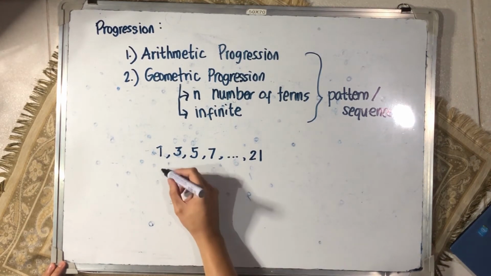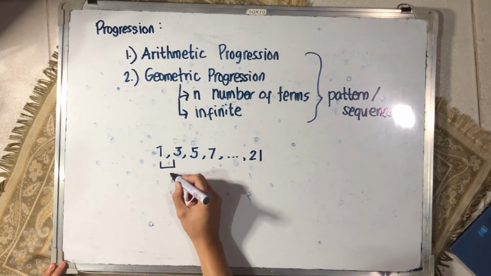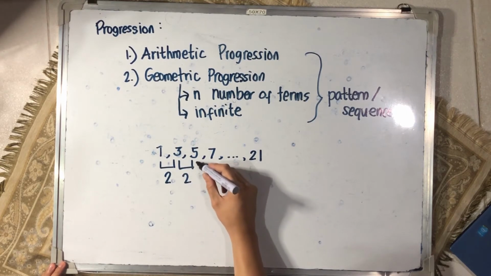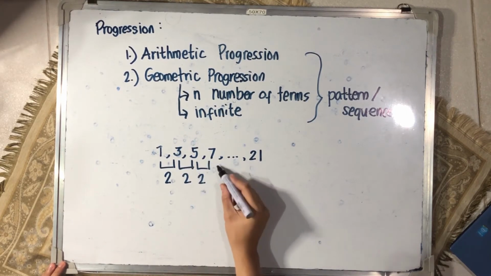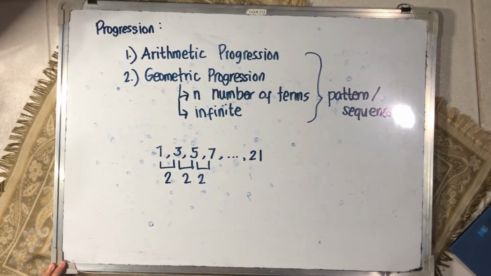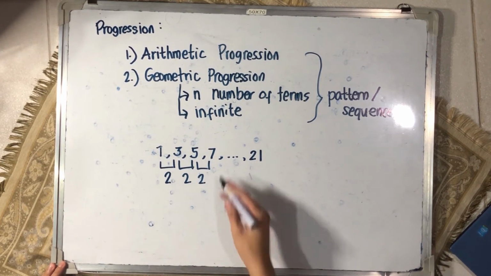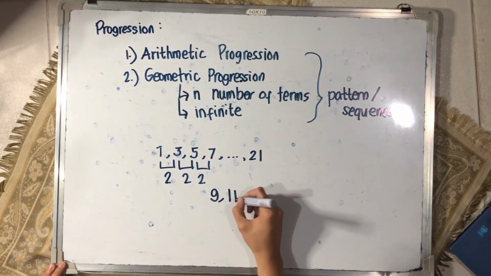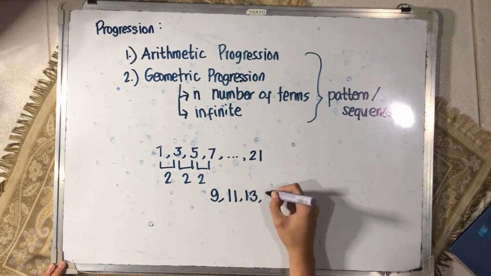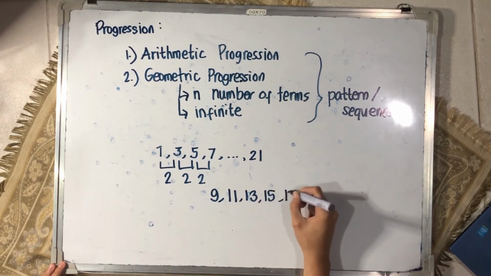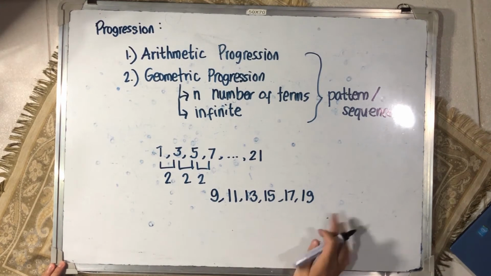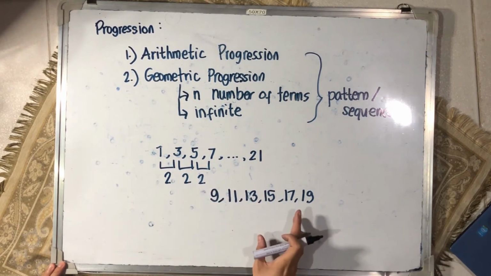Kasi na-observe mo dito, meron silang common difference na tinatawag na 2, dito 2 din, tapos dito 2 din. So, basically, yung mga nasa gitna nito, 2 din ang difference ng mga numbers na yon. So, ang mga kulang dito ngayon would be numbers 9, 11, 13, 15, 17, 19. So, these are the 6 numbers that would complete this type of progression.